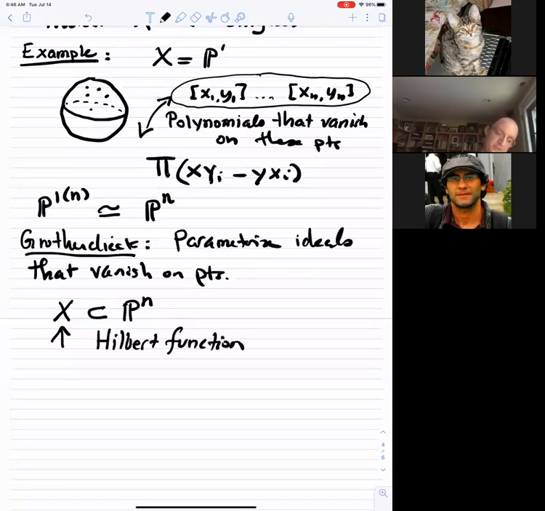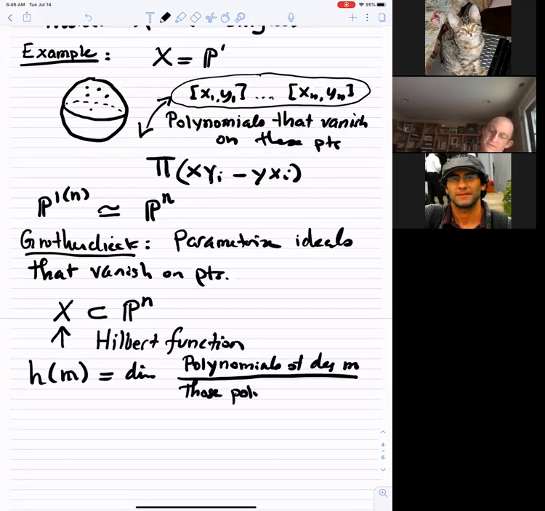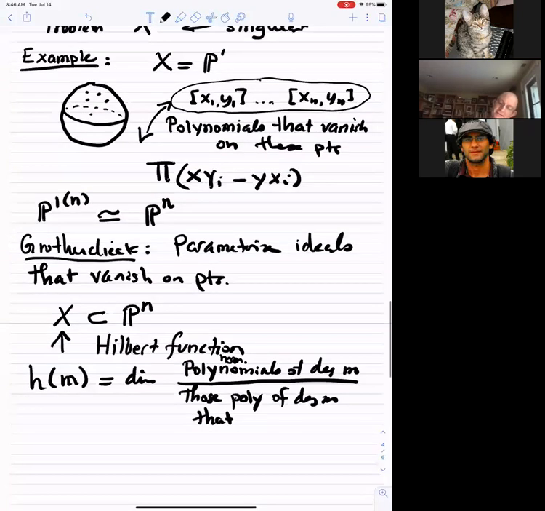Now, what's the Hilbert function? H of m, say, is the dimension of the vector space of homogeneous polynomials of degree m modulo those homogeneous polynomials of degree m that vanish on X. Okay, so this gives you a function for every positive integer.